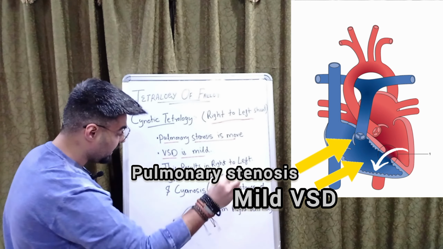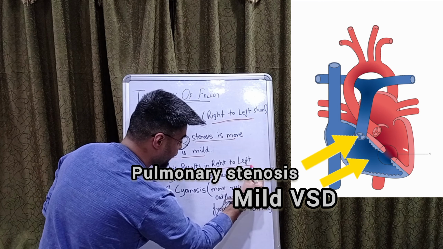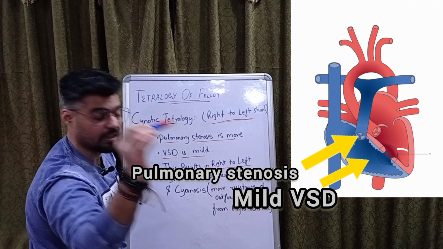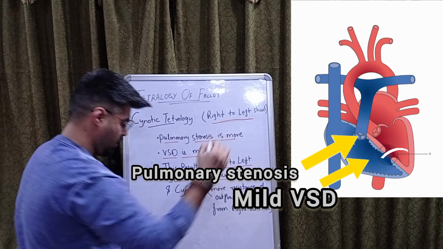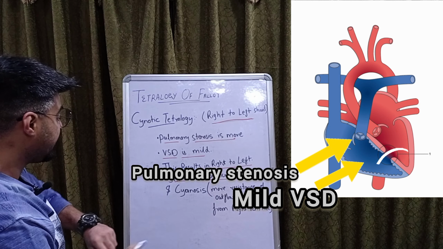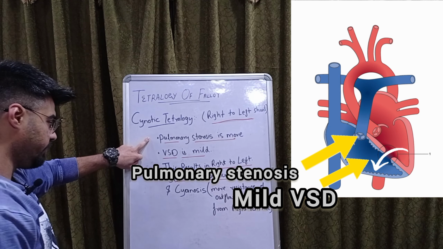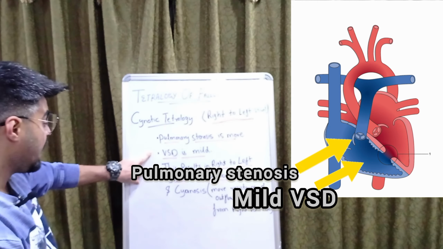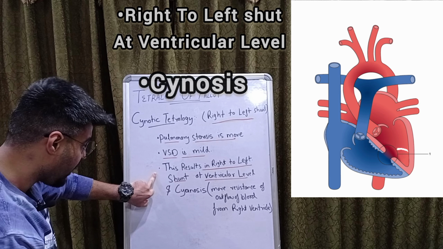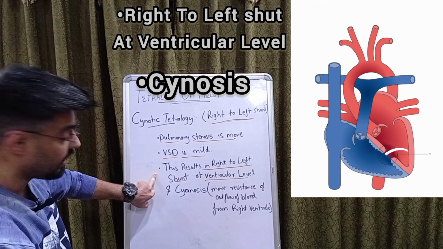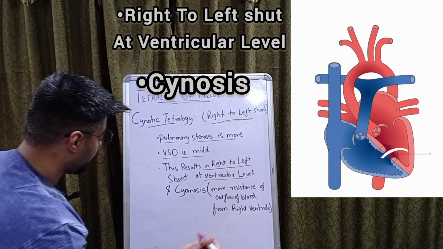So that is why it results in right to left shunt at the ventricular level, and it causes cyanosis.